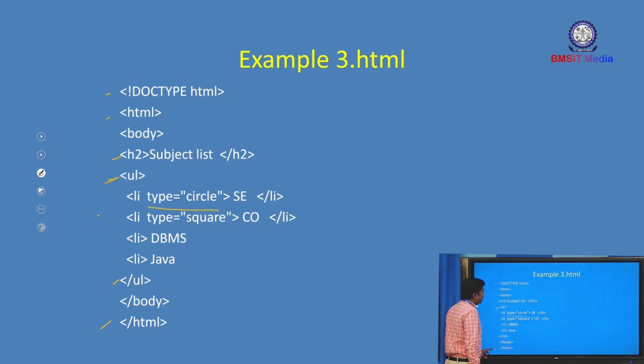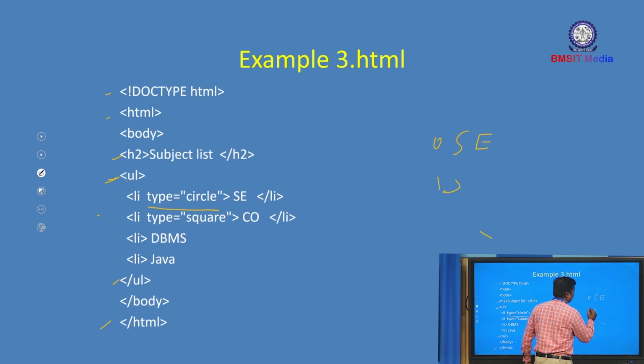Here SE is one subject name, and the type of display is circle. So here you could see how SE will look. Next you will see one more, square. See, this is the list of type square. You will get to know one more of type square, and one more subject, that is CO.